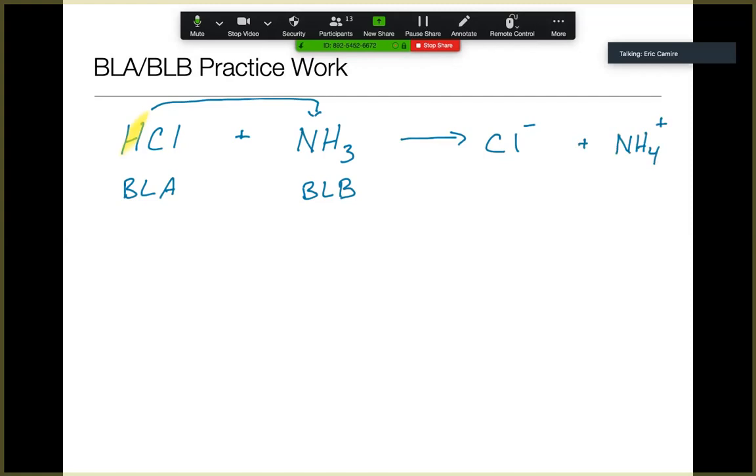When I'm looking at Bronsted-Lowry acid-base pairs, right, we're looking for something structurally similar. So we have our Bronsted-Lowry acid. Well, what's structurally similar to that? It's the chloride. And it was an acid on the left-hand side of the reaction. That means by definition, that has to be the conjugate base.